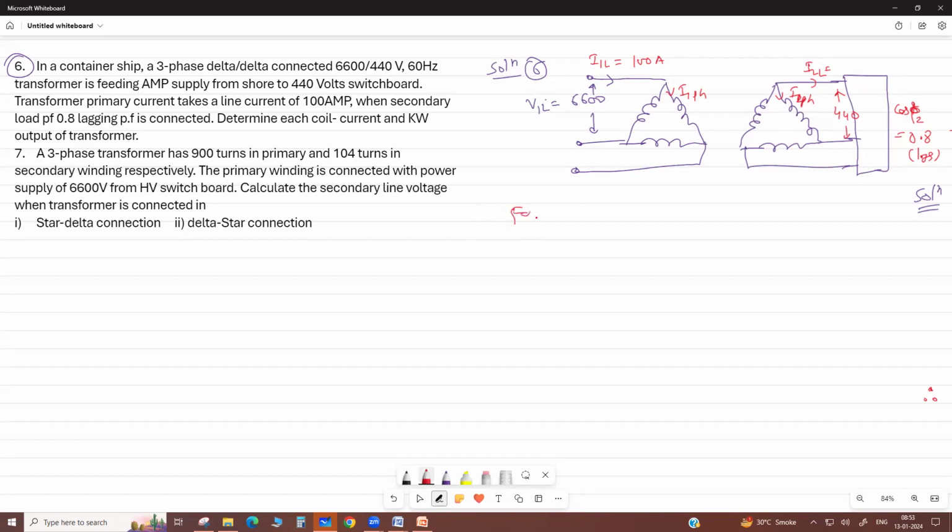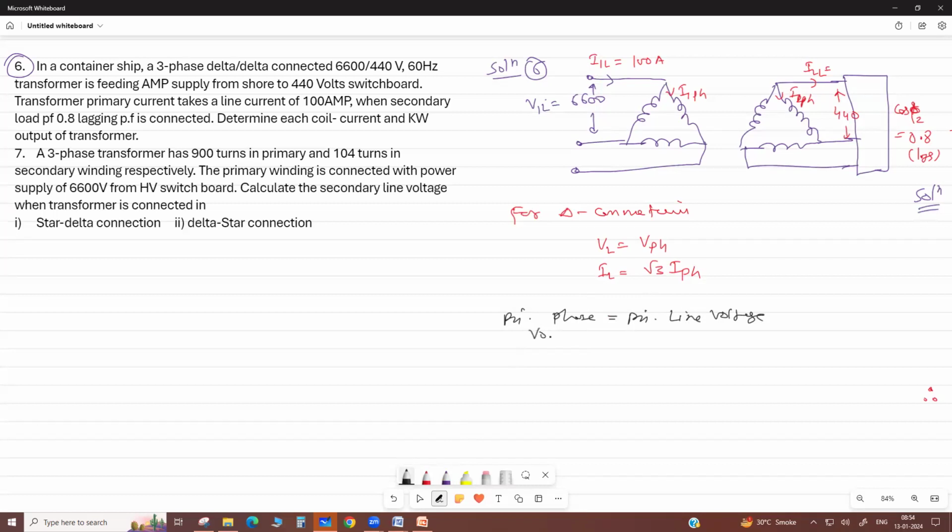So here you write for delta, दोनों भी डेल्टा है तो डेल्टा कनेक्शन के लिए you write line voltage equals phase voltage, but line current is root 3 times the phase current. Okay, please. So actually the primary phase voltage equals the primary line voltage, जो होगा वही होगा.